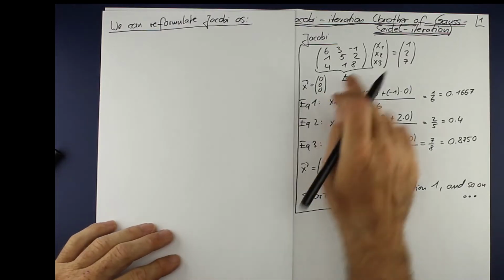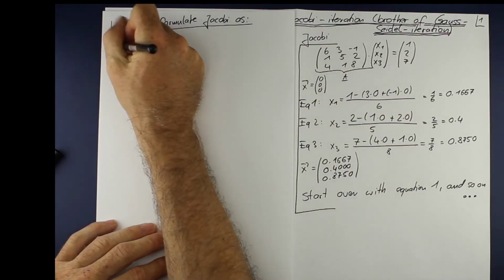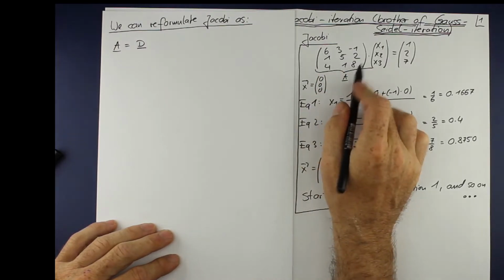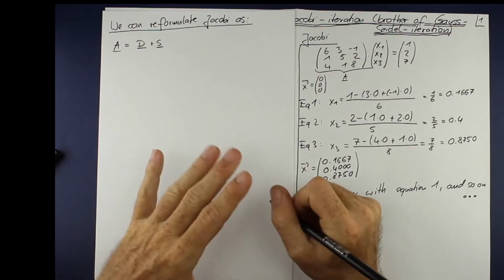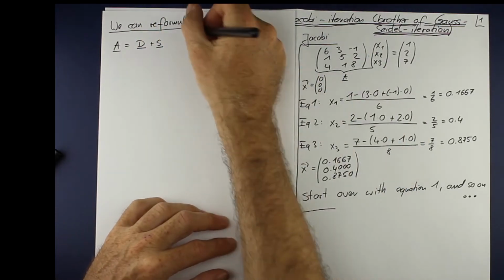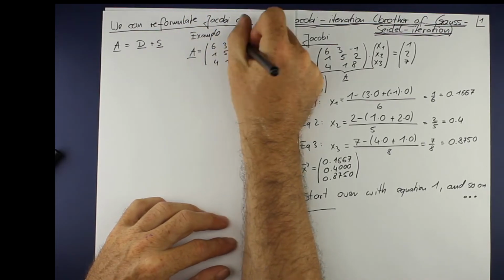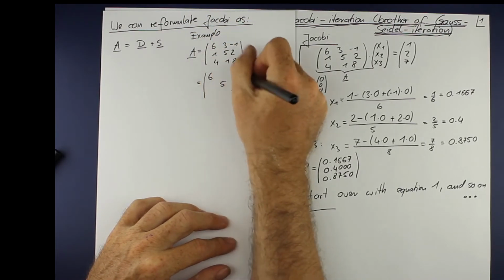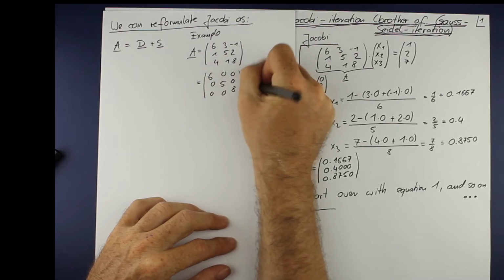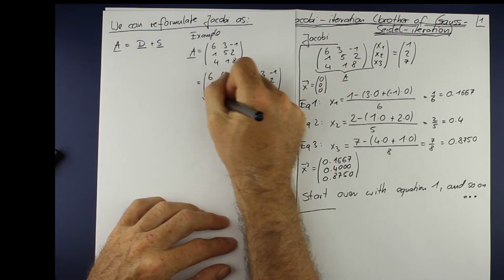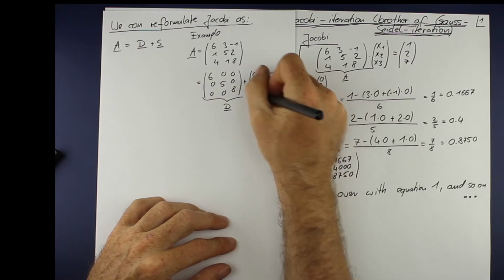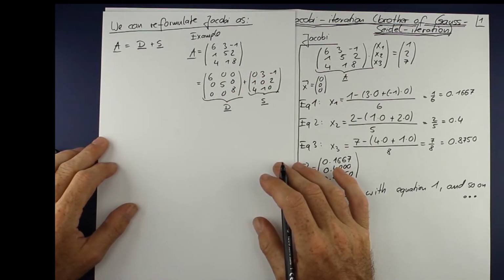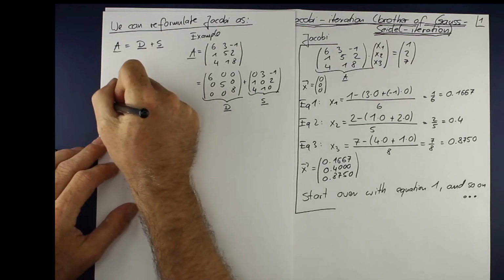Okay, let's reformulate Jacobi. We can write the coefficient matrix A as the sum of a diagonal matrix and the rest. Why do we do so? We will see later. Let's do the example. We can write that as 6, 5, 8 and zeros plus the rest. And that is our matrix D, and that is our matrix S. Okay, and then what is the update of the x vector?